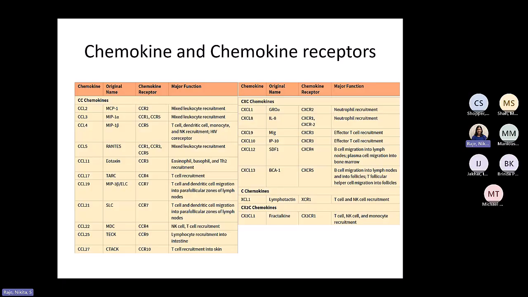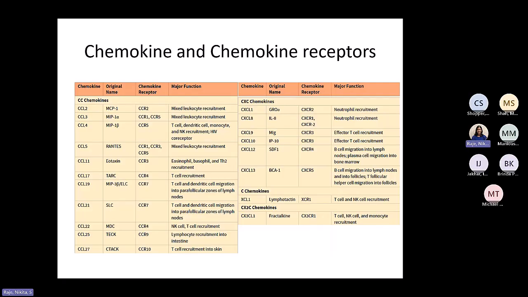So remember, CXCL8 is also known as interleukin-8, and if you hear CXCL8 or IL-8, think of neutrophils. All right. CXCL9 and 10 help with effector T cell recruitment. CXCL13 is another one to know for B cell migration. Same for CXCL12.